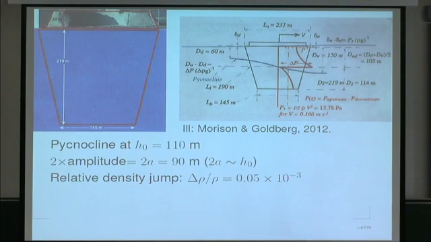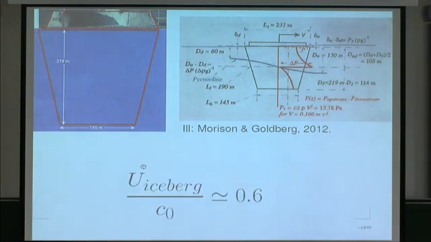And now we can calculate the reference speed of the internal waves. And then you have another key, that is a Froude number. So with this tiny jump in the density, you have a Froude number of 0.6, which is the drift velocity of the iceberg.